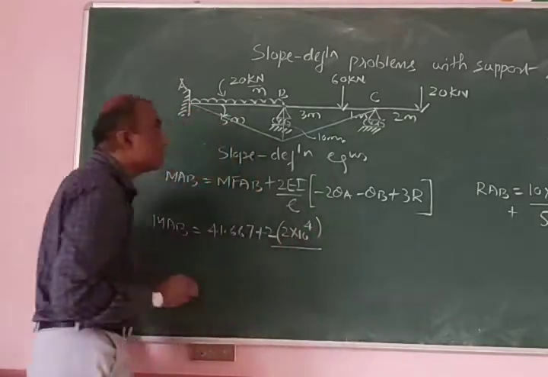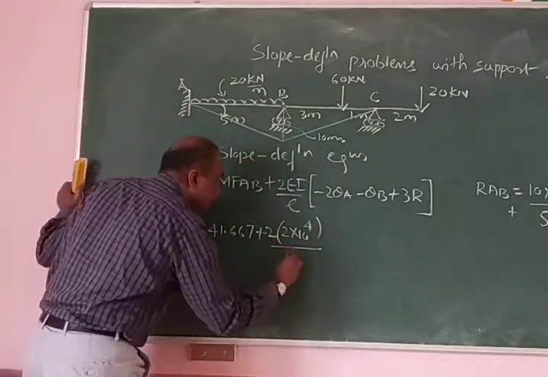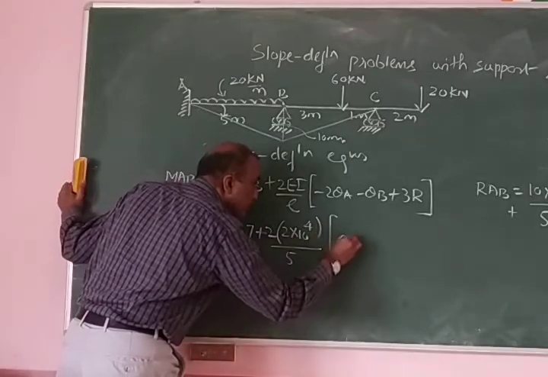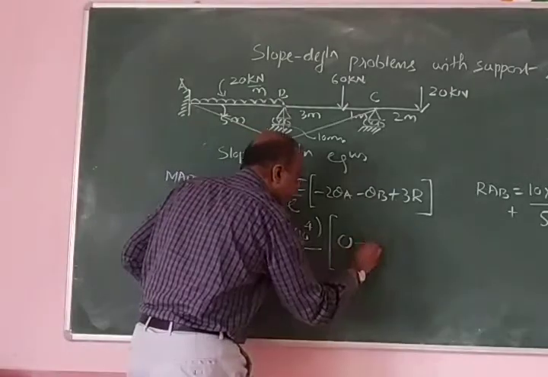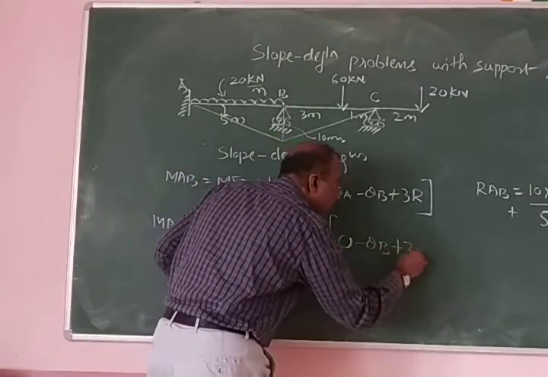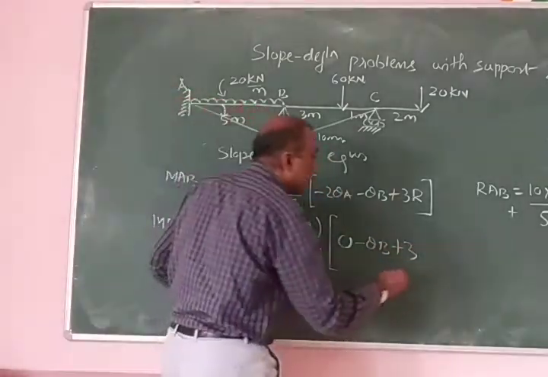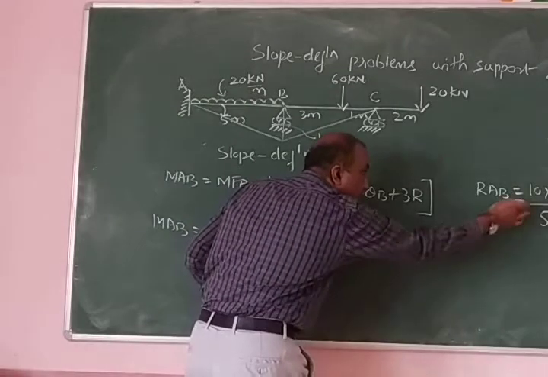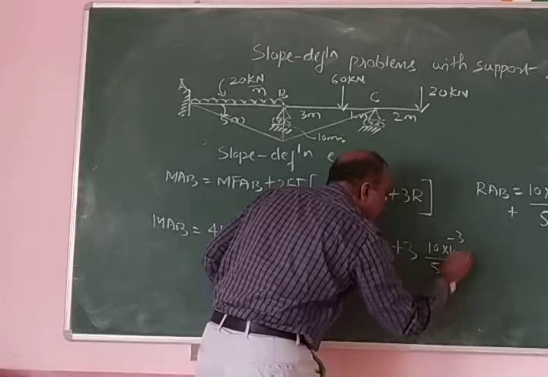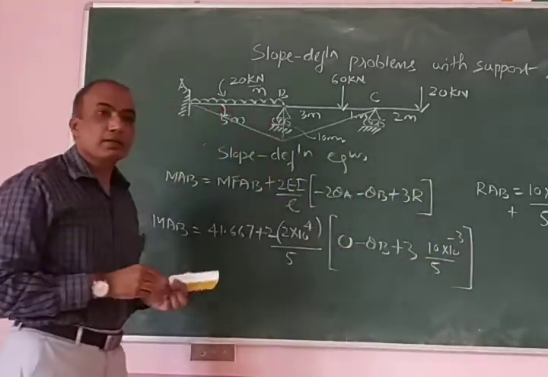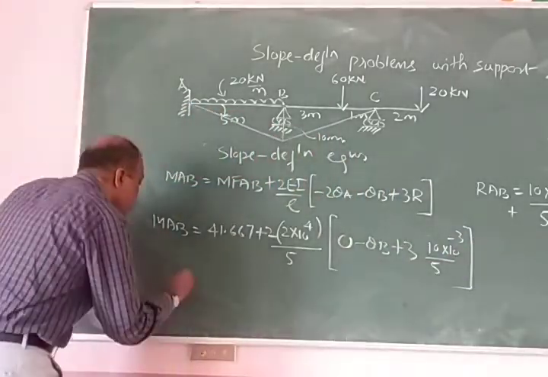So this is EI. So I am going to substitute 2 into 2 into 10 to the power 4 upon L. L is equal to how much? 5. Minus 2 theta A is 0 because theta A is 0, fixed end. Minus theta B plus 3 R of AB. How much? 3 into R of AB is 10 into 10 to the power minus 3 upon 5. This is MAB. So we can simplify.